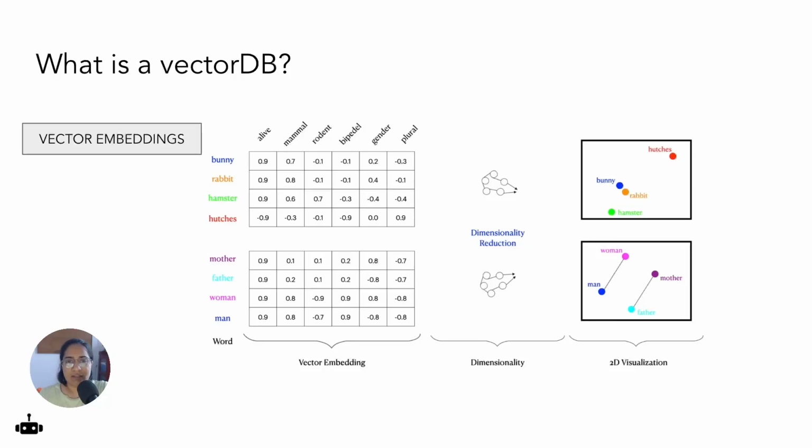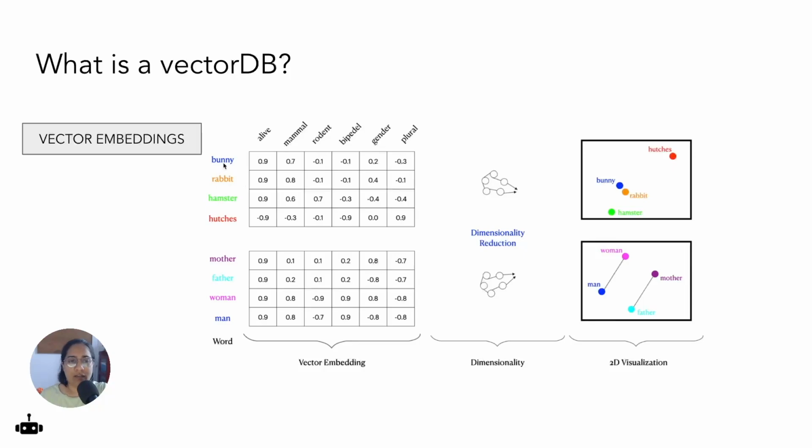This means that say you have a word like bunny, it will be mapped across several other words and it is given an indicative number based on that. So here you can see bunny is mapped to alive at 0.9. So the vector DB maps the words to many other words and creates this kind of numbered embedding.